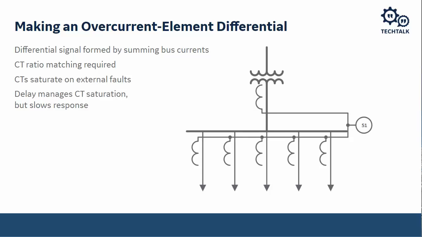And if we do have saturation, we need a way to account for that. So we're going to have to use time. We're going to use a time overcurrent function in that relay, and give ourselves a little bit of time for the feeder breaker to clear its fault on the saturated CT. Not super fast, so not really ideal for arc flash mitigation.